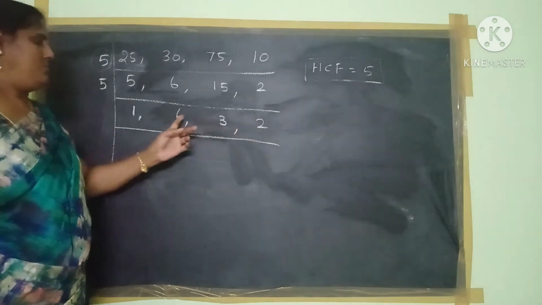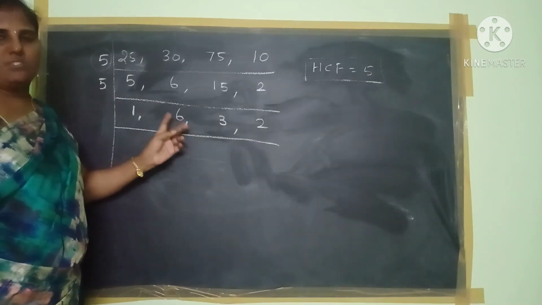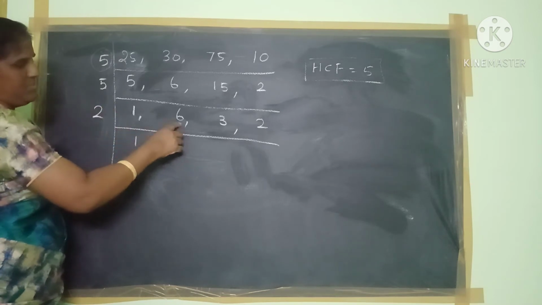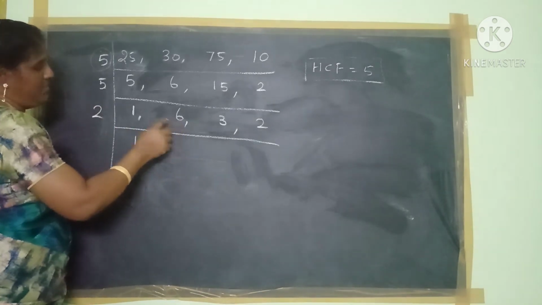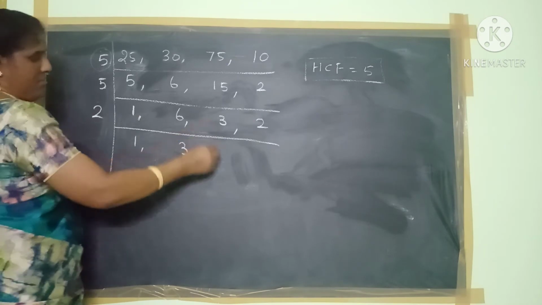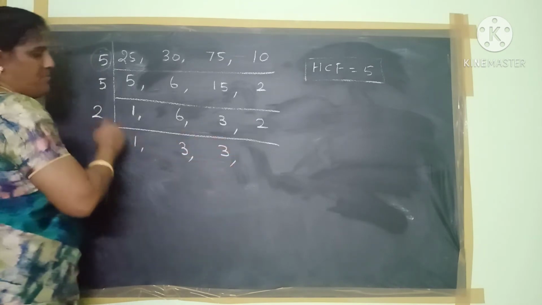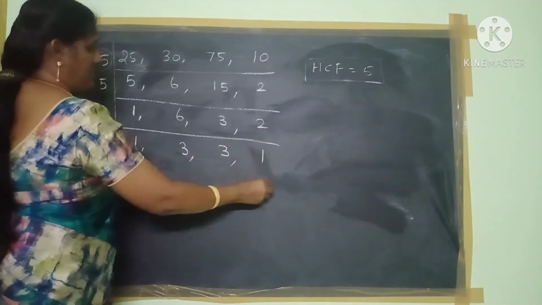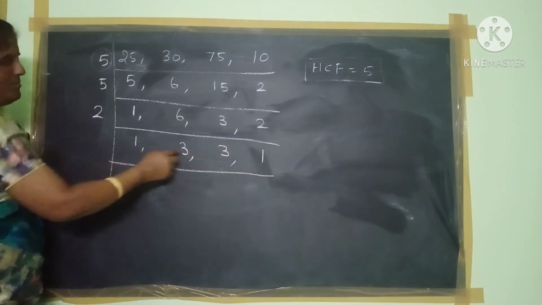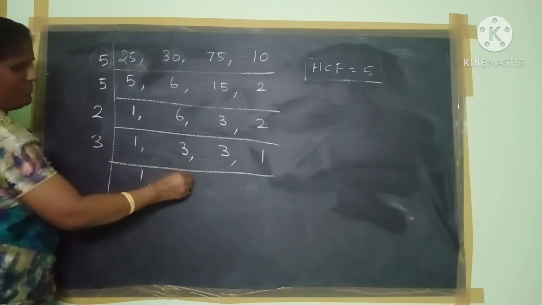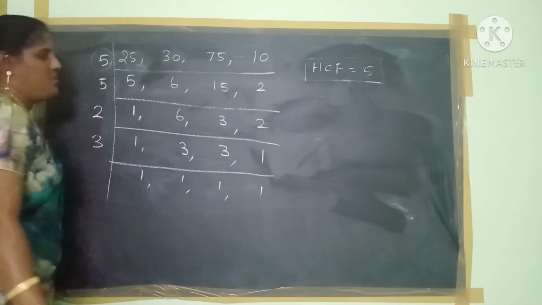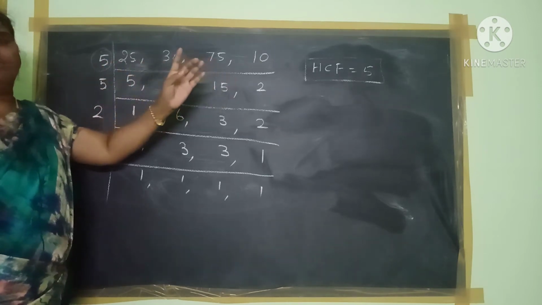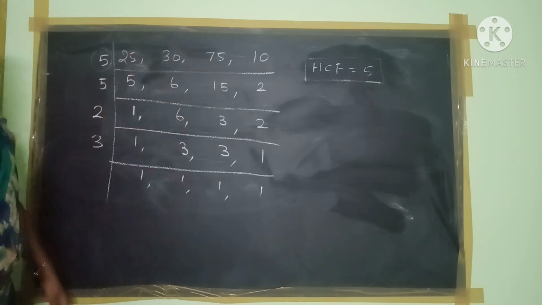Yes, 6 and 2: it comes in the 2 table, so I am going to do the 2 table, 1 time. 6 divided by 2 is 3 times. And 3 will not be divided by 2, so just keep it down. Next, 2 comes 1 time. Next, see what is common: 3. So 1, 1, 1, 1. So only 5 commonly divides all the 4 numbers. So HCF is equal to 5.